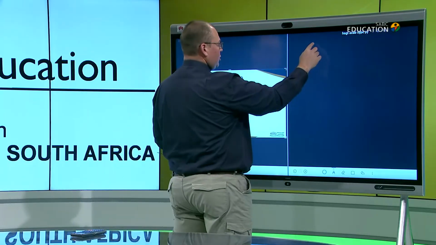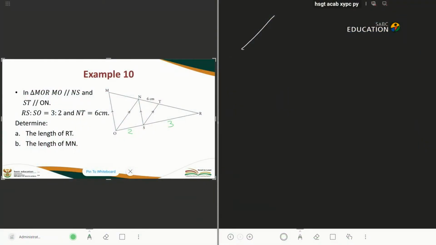So I'm going to draw a triangle. I've got R, I've got N, and I've got O. But the question states to determine the length of RT, so I have to include the point T. So I have ST, because I know this side is given to be parallel to that side.